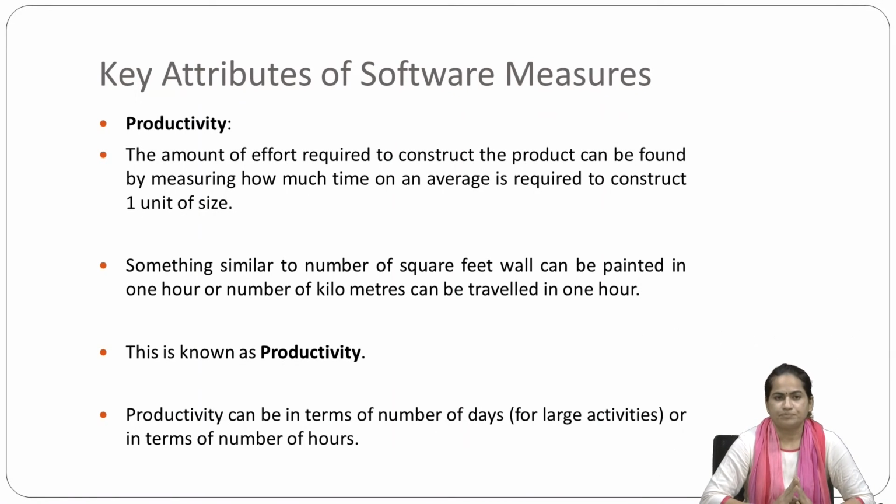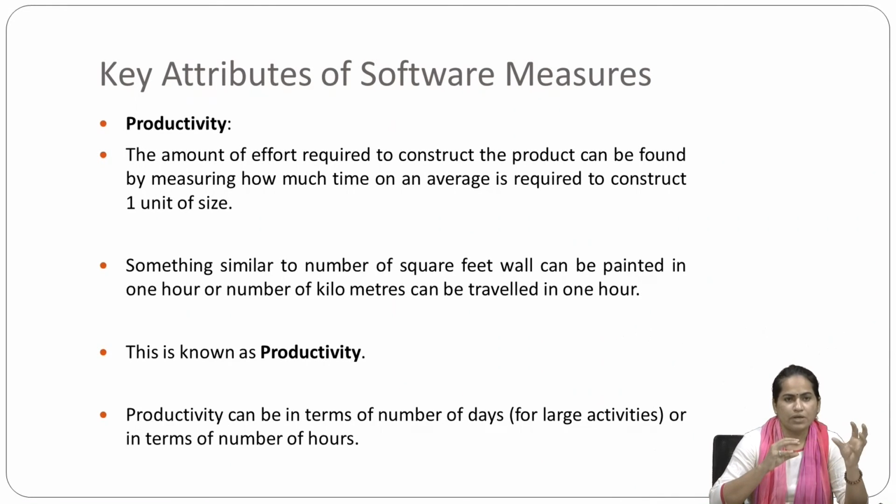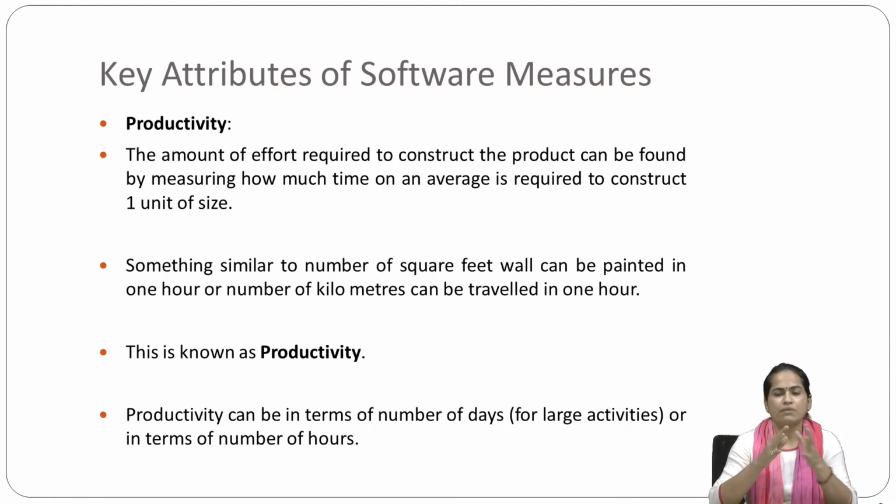Productivity means what? The amount of effort required to construct the product can be found by measuring how much time on average is required to construct one unit of size. So to develop one unit, whatever time duration we require, based on that we can decide how much time the software will need for the whole product.